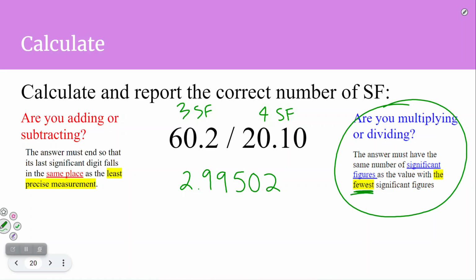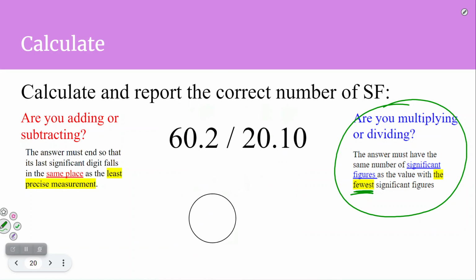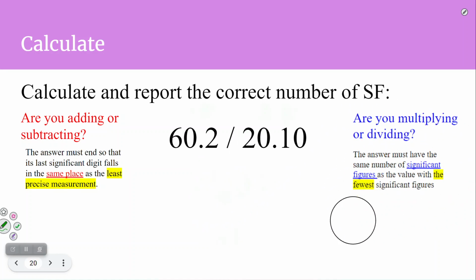So again, 3 sig figs, neighbor's a 5, so just like before, it's going to round up. We cannot have any more sig figs than our measurement with the fewest total sig figs when you're multiplying and dividing. Remember, your rules are different. First you have to figure out, am I multiplying and dividing, or am I adding and subtracting?